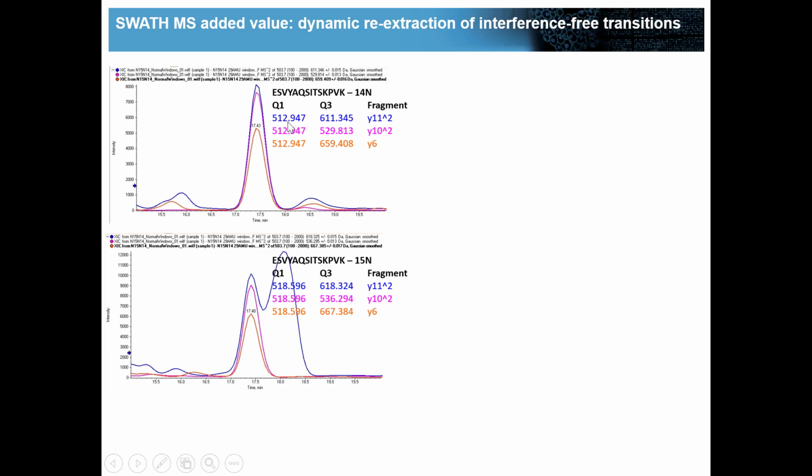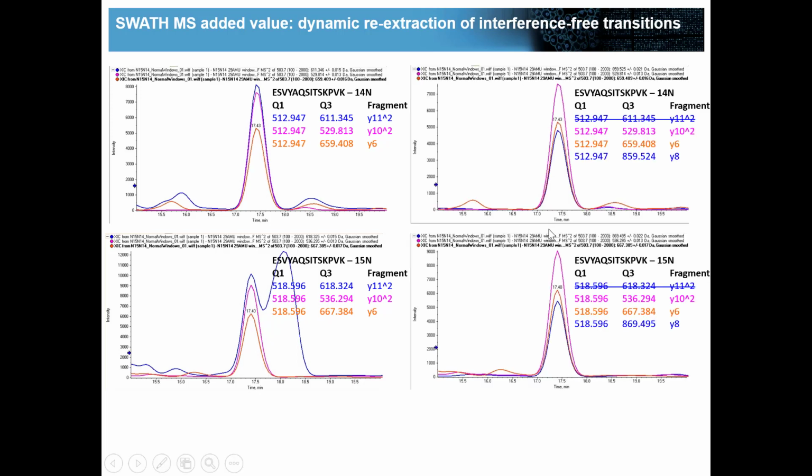So here's another peptide. This is in a light-heavy experiment, an N14, N15 experiment. And you can see in the heavy channel that one of these fragment ions has a clear contamination. Well, you could delete it if it was SRM, but then you'd be left with only two transitions. But in the case of DIA data, you can delete one and add a new transition, right?